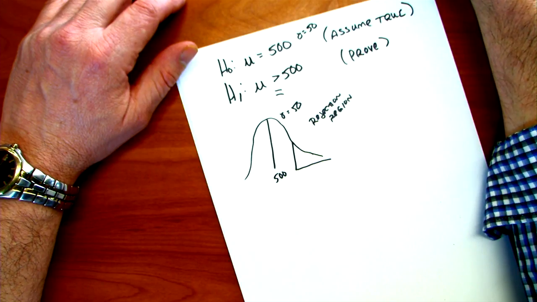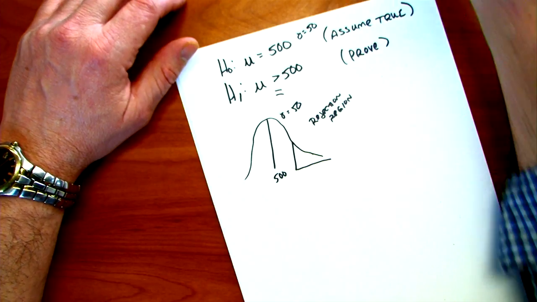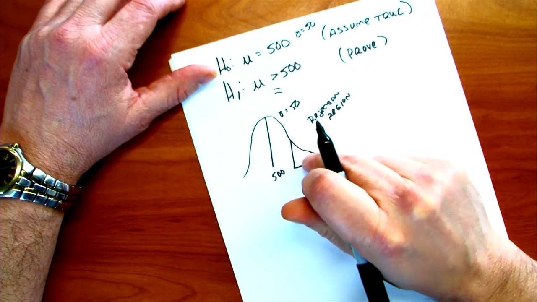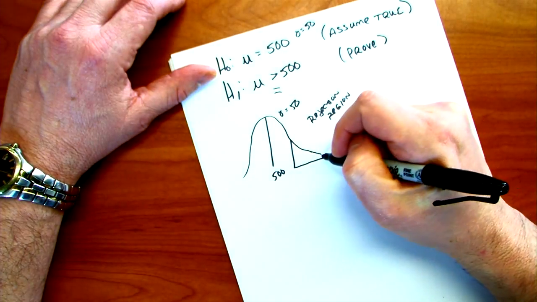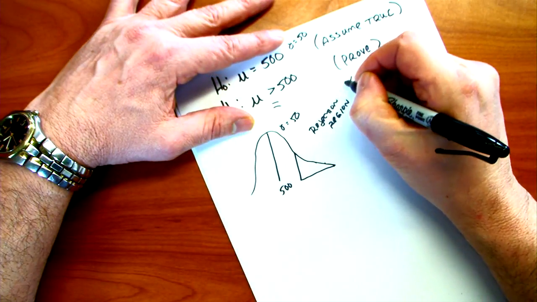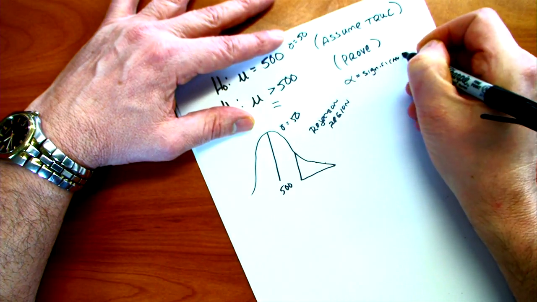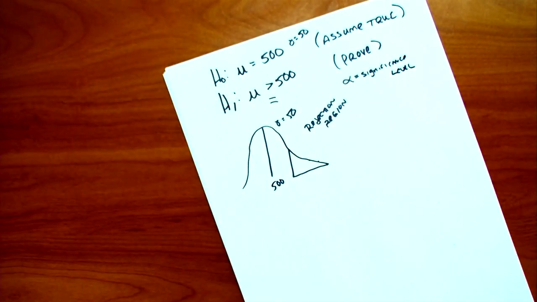What is the area of that rejection region? The alpha value. Very good. Alpha is the significance level, and really, it's the probability that we're wrong.